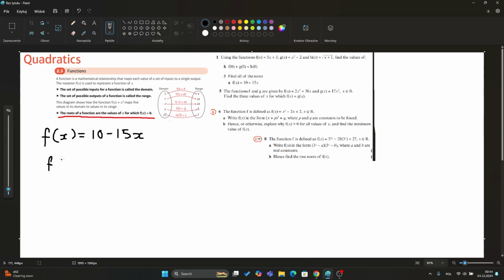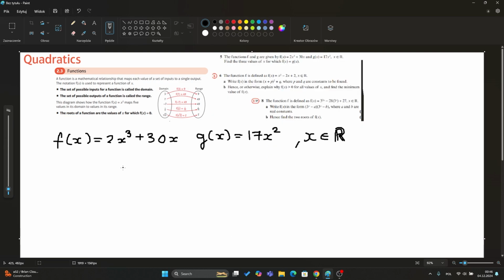So 0 equals 10 minus 15x. And now we can solve it normally like in GCSE, so 15x equals 10 and x equals 10 over 15, which equals 2 over 3.